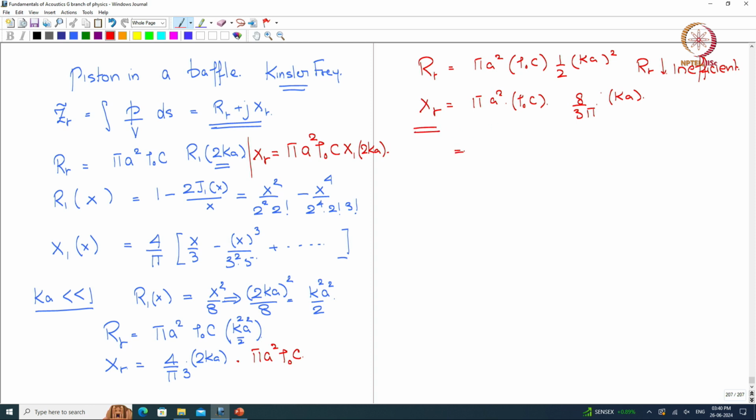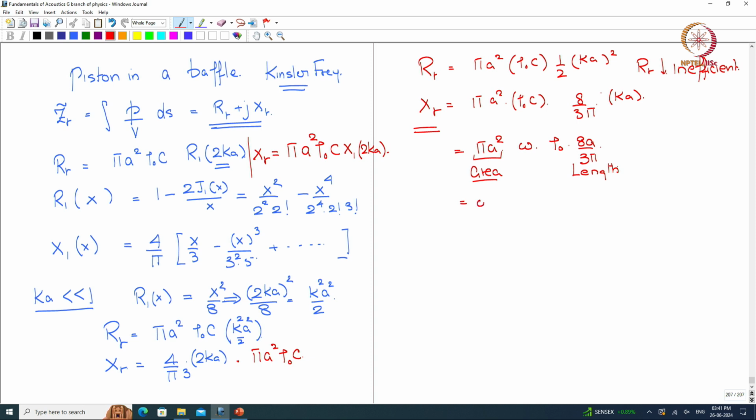Okay, this now looks like pi a square into, I'll take k as omega by c, so I get an omega over here, okay. And I get a rho 0, and I get 8a over 3 pi, okay. So this is the piston area, this has length units, okay.